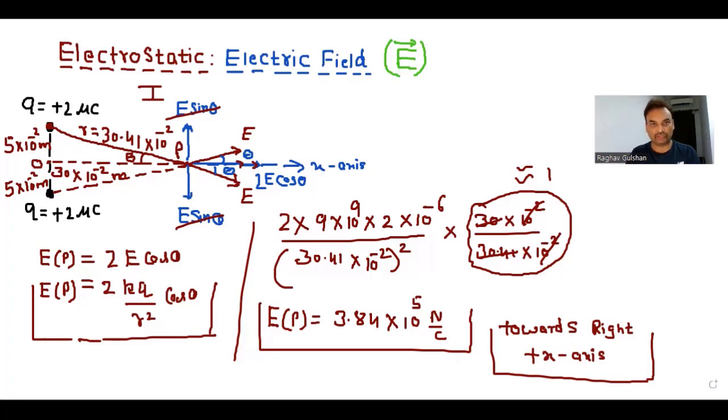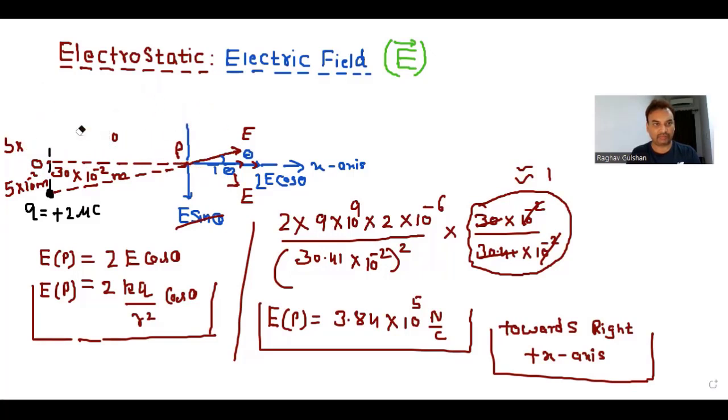In the second combination, I will choose one charge as a positive charge and other charge as a negative charge. So let us take that. Again, the same. So now I take the second numerical. This is my question number 2.